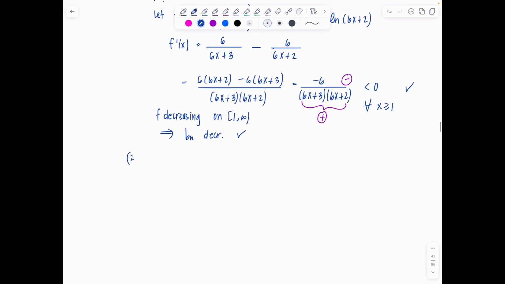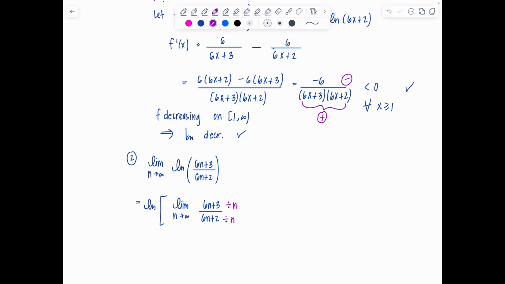Now let's check the limit as n approaches infinity of b sub n, of natural log of (6n plus 3) over (6n plus 2). Well, again, you can pass this limit inside. So we have natural log of the limit as n goes to infinity of (6n plus 3) over (6n plus 2). And then not taking any shortcuts, I'm just going to divide everybody by n to the first. That's the highest power of n from the denominator.